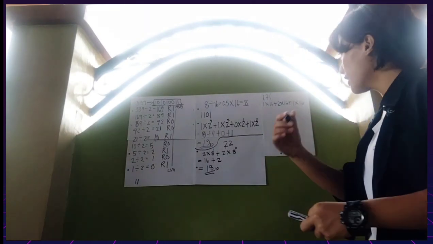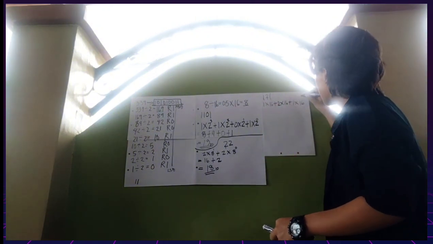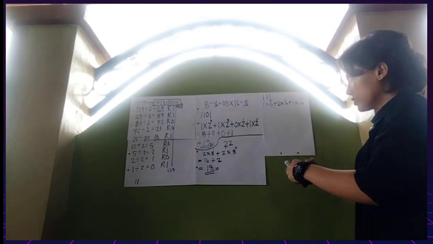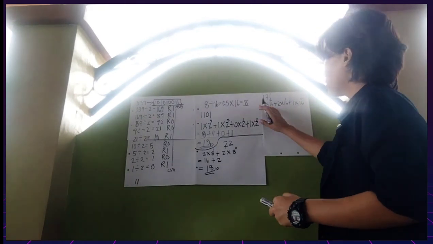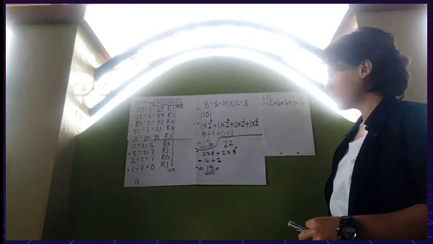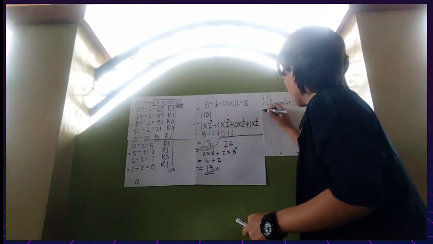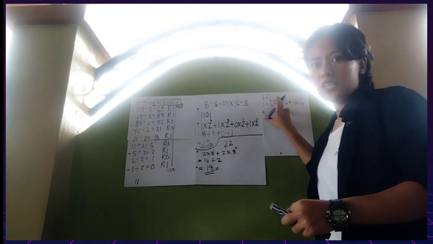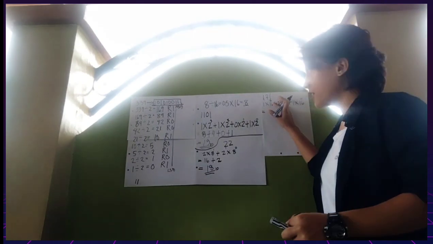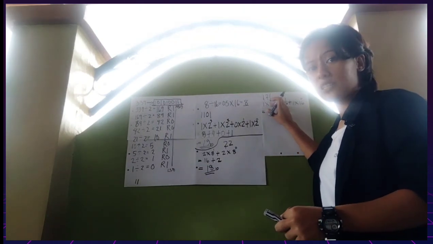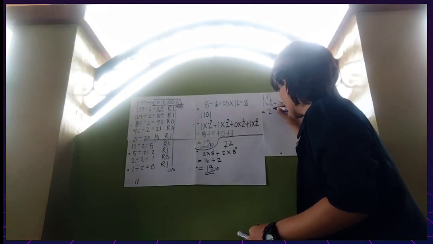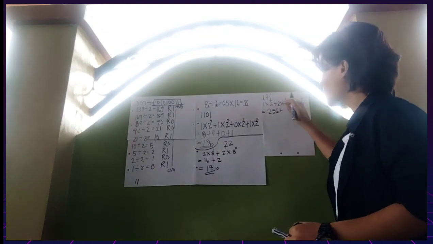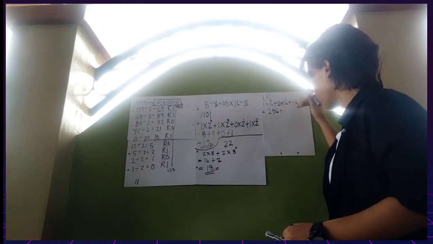So we shouldn't forget to put the power. So let's start with 0, 1, and 2. Therefore, after we complete the multiplication method, we need to multiply it. So 1 times 16 is equal to 16. 16 times 16 is equal to 256. 256 plus 2 times 16 is equal to 32.